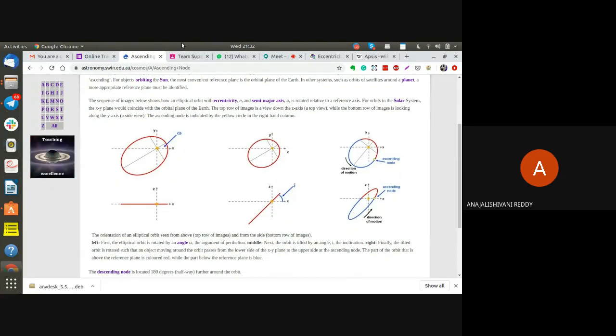Why can't we always choose the sun as the reference point? Yeah, the sun is the reference point, but the sun is a point, right? So we need a plane of reference. When we are talking about the reference plane, we are talking about this 2-dimensional plane that you can draw through the Earth and the sun.